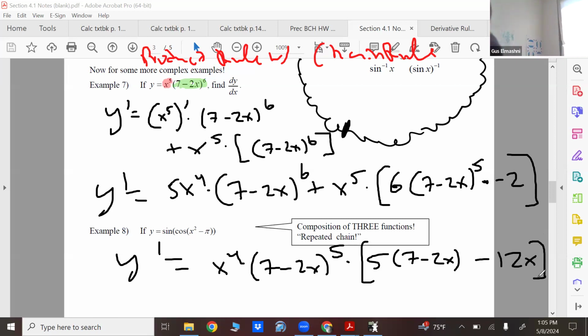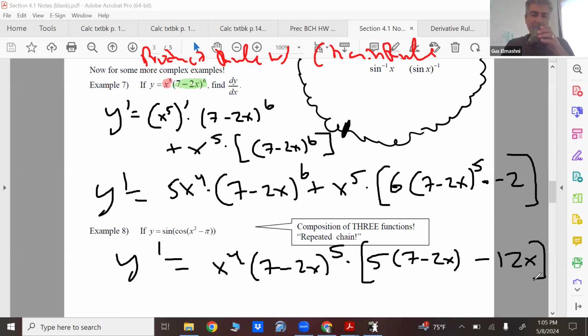Yeah, I think that makes sense, right? Because that's negative 12x. You took out x to the 4th and all this right here. Here you took out x to the 4th, but kept 7 minus 2x. You took out 7 minus 2x to the 5th power. Cool. If you want to clean up the inside, go ahead. I don't care. Actually, I think I might make this a multiple choice question and force you guys to clean up, to make my life easier for grading it. I don't know. I haven't thought that far ahead.